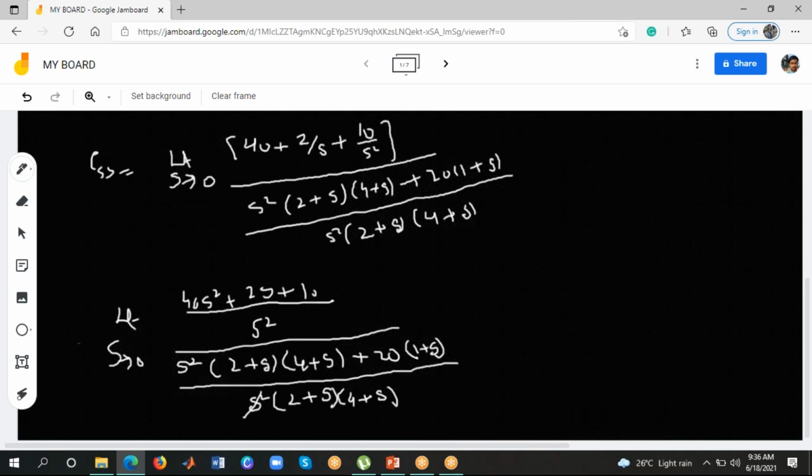Here s square cancels. Then substitute s is equals to 0.